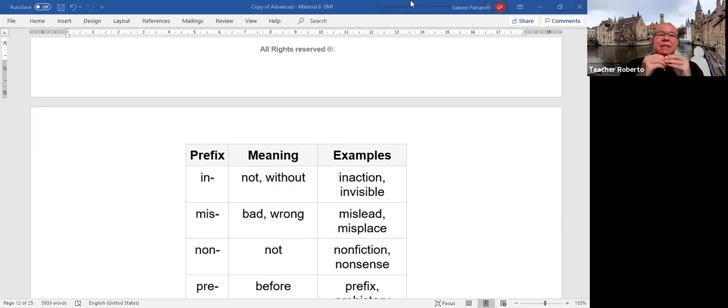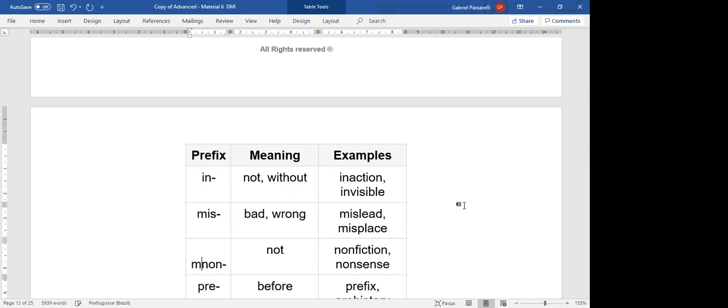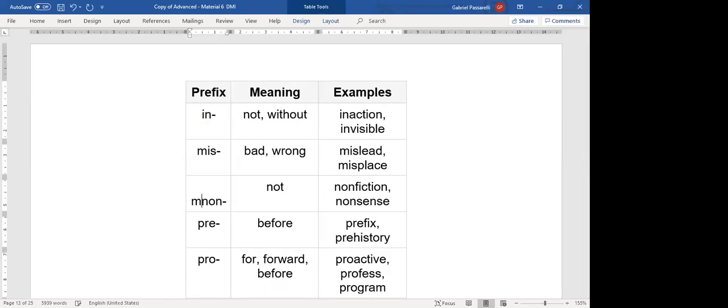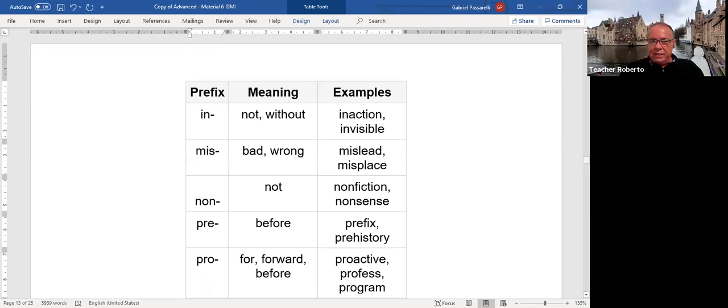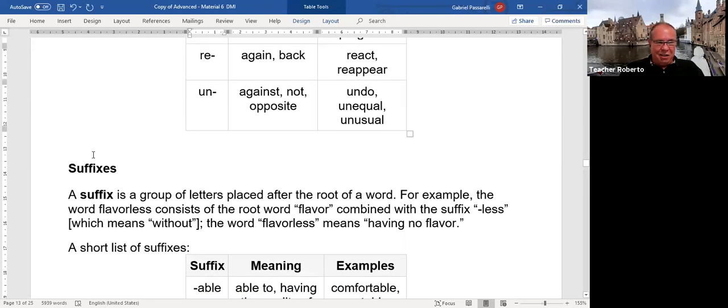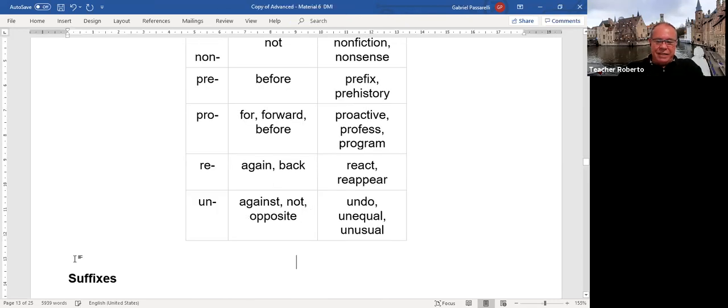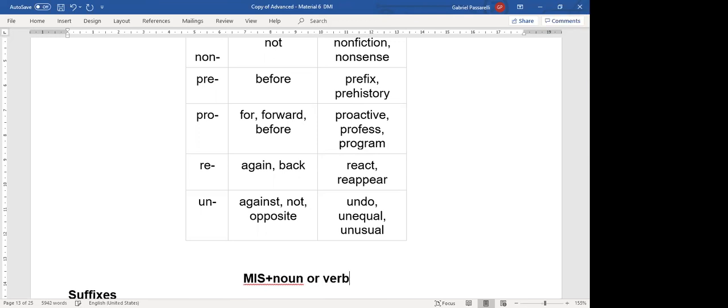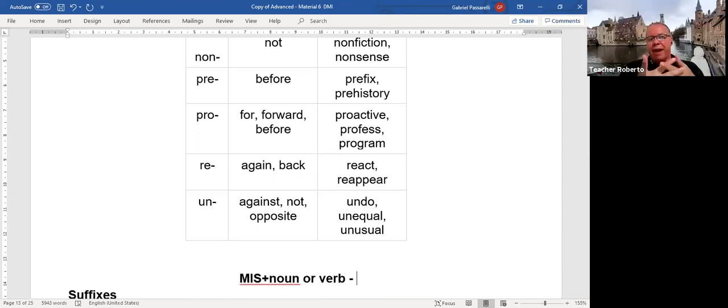So every time I see miss, with one S, because if I see miss with double S, that's another story, okay? Miss plus any verb practically, or any noun or verb. It means the action was not done correctly. Usually it's a verb, okay?